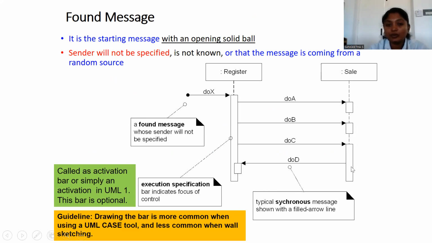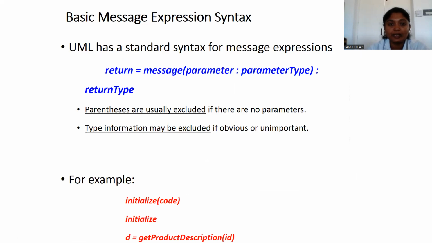So what is the purpose of the lifeline? With the lifeline, we can identify how long the object will exist. The purpose of the lifeline is just to know the lifetime of the particular object's existence. That's all. This line is called a lifeline.